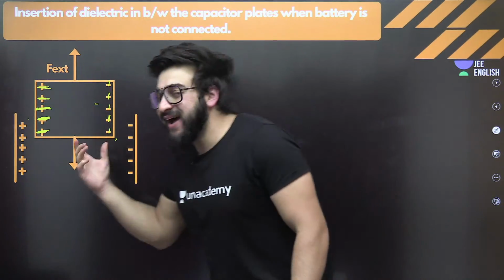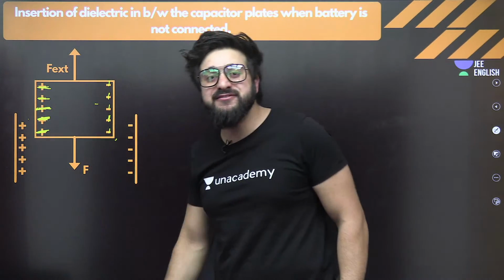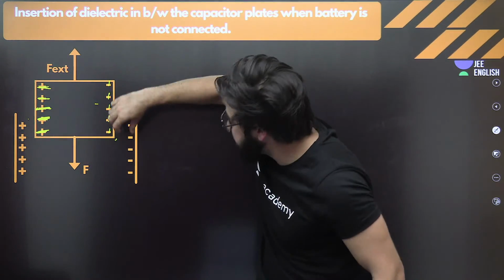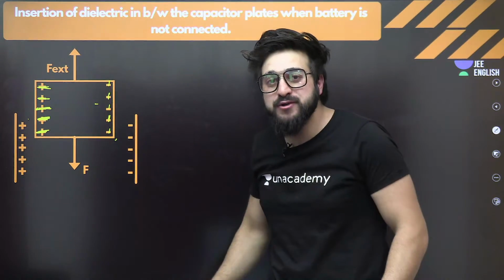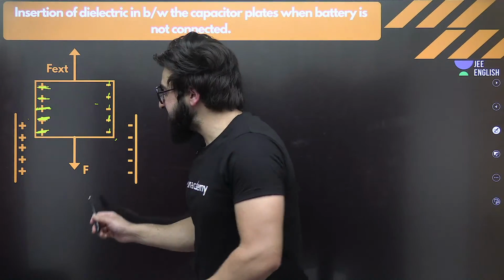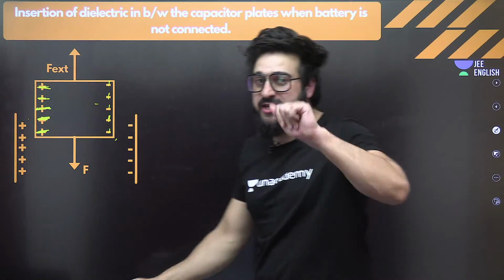Understand? Now, can we say that these positive charges will attract these negative charges, so this side of the plate towards itself, 100% in the downward direction? They will start attracting these with the electrostatic attraction. So I can say that the net electrostatic force will be in the downward direction, 100%.